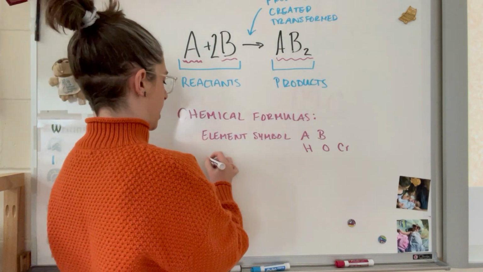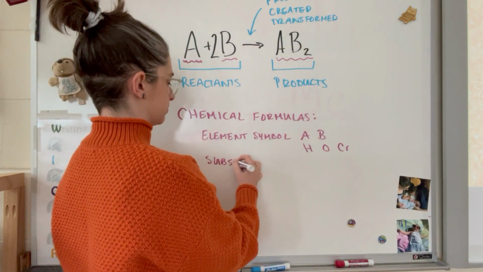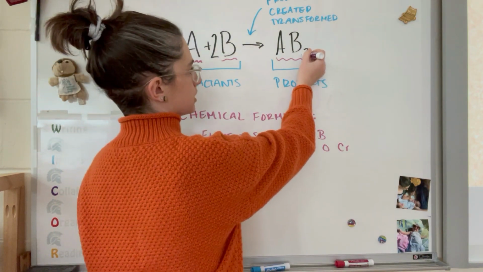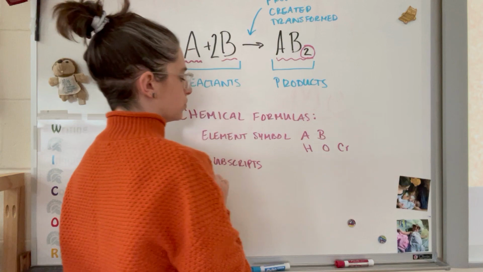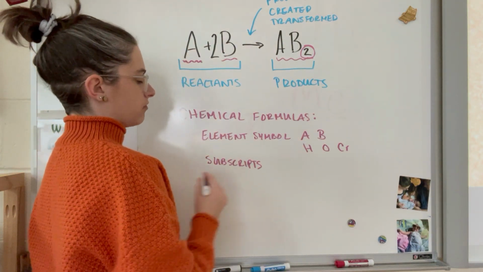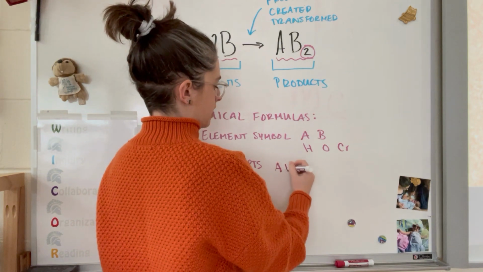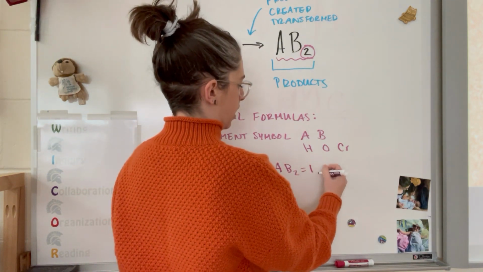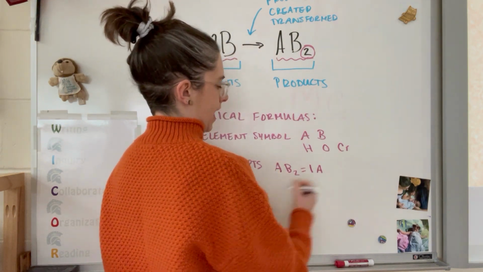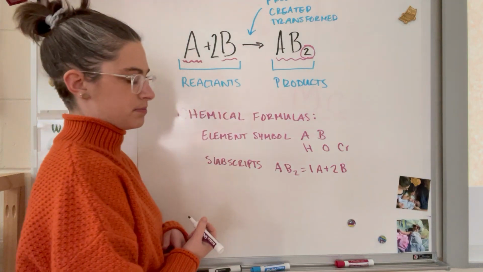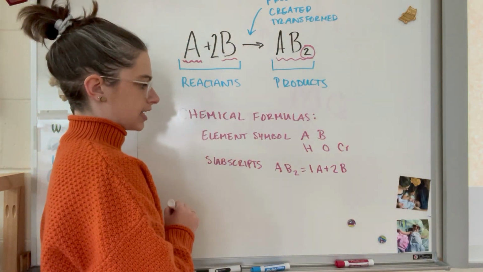And then we also have our subscripts. Our subscripts, like here, is our 2. And that's going to tell us how many of that element we have. So, for example, AB2 is made up of 1 atom of element A and 2 atoms of element B. And that's how we write it as the chemical formula.